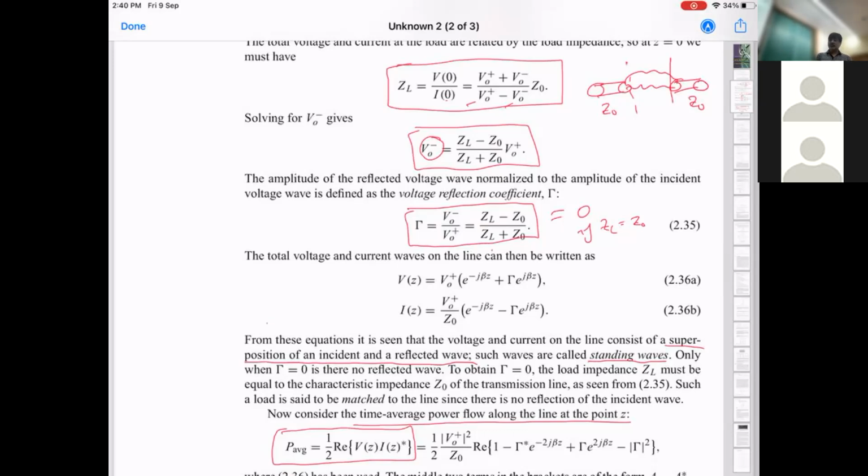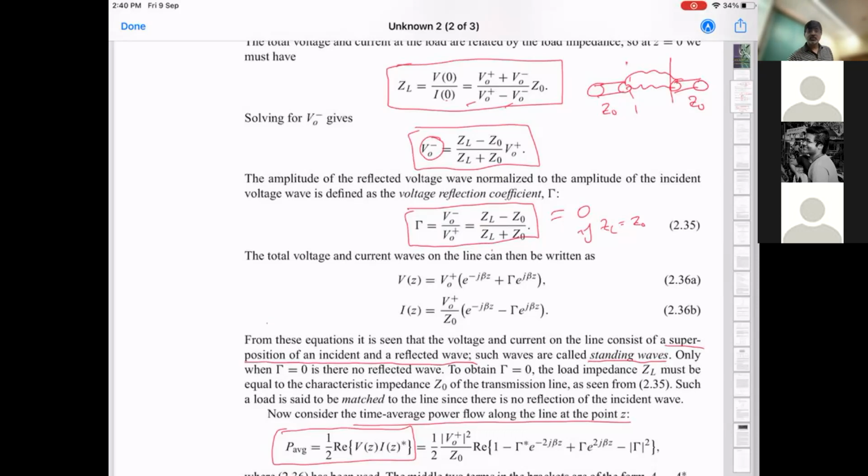What's going on? See, this is what worries me. When I say please identify yourself, they never do. Was it Gaurav trying to join again? Okay, now for some reason this has frozen.